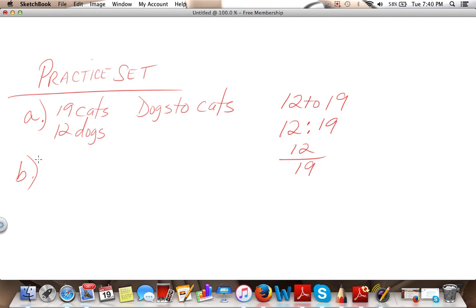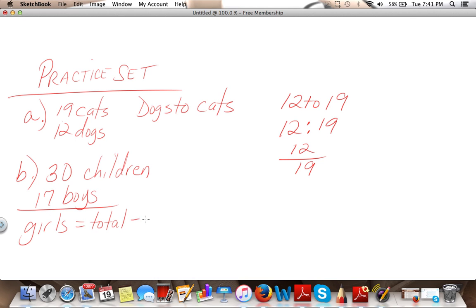Okay? Letter B says, what is the girl-boy ratio in a group of 30 children with 17 boys? So we have 30 children, but they only tell you that there are 17 boys. So if there are 17 boys, then in order to find out the number of girls, we have girls equals total minus boys. Okay? So if we have 30 minus 17, then that's going to give us 13 girls.